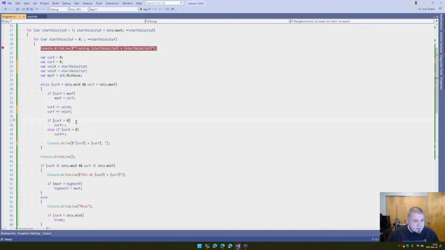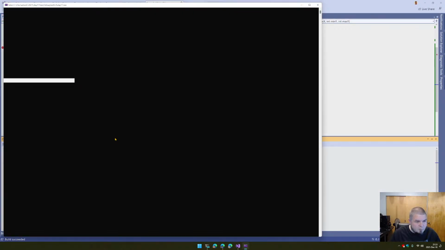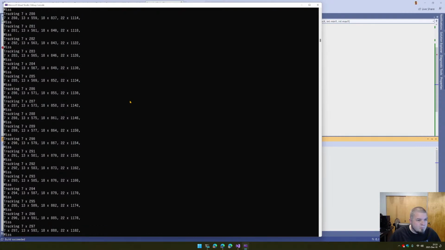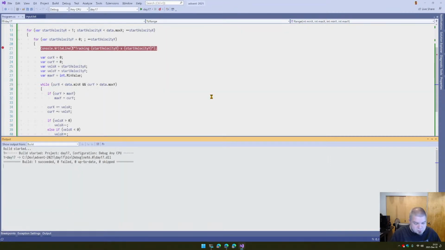All right, so if velocity x is greater than 0, then velocity x minus minus. Otherwise, velocity x is less than 0, velocity x plus plus, and then velocity y minus minus. Why is there so much weirdness there?